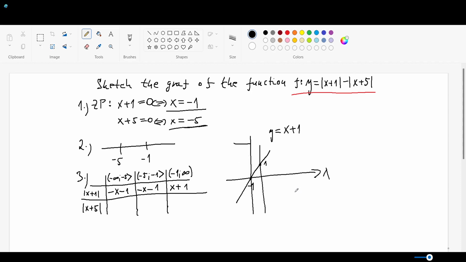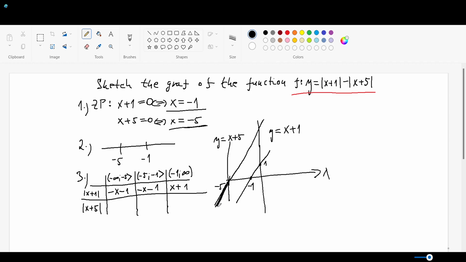Okay, and the same thing applies for -5 and the second function. Let me do it this way. Here is -5, and my function is defined by the equation y equals x plus 5, which we already know will go like this, and it means all the x's on the left from -5 are under the x-axis, which means they are negative.